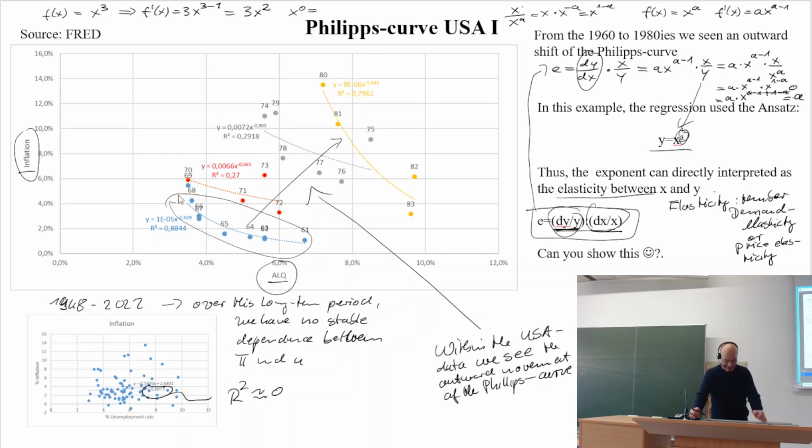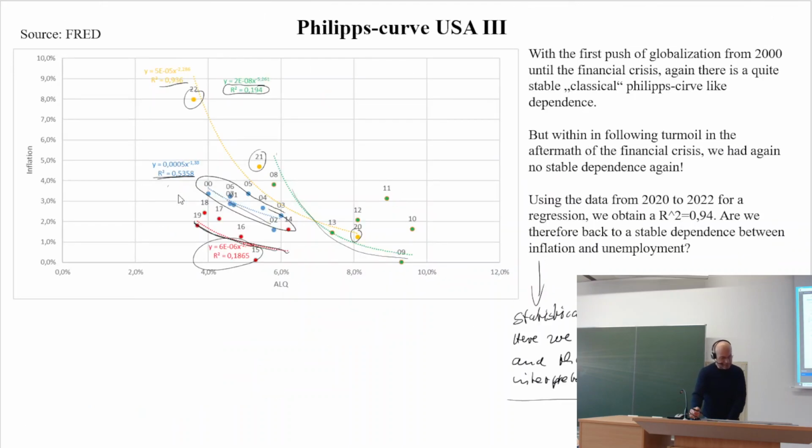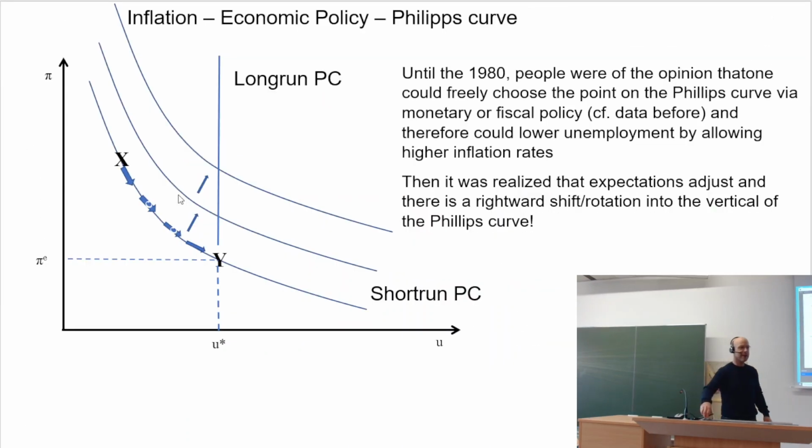Well, and this has a political aspect, because if we know this theoretical dependence between unemployment and prices, then we can say as a politician, well, this is great, because prices we can push by making fiscal policy, making monetary policy, in order to push the economy.